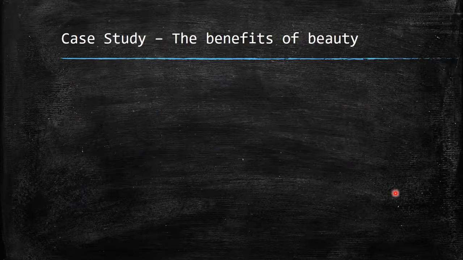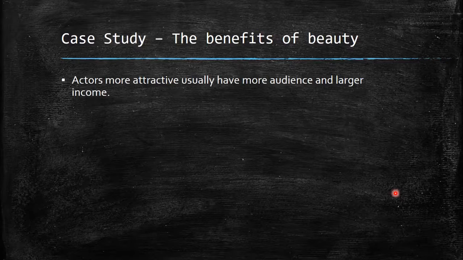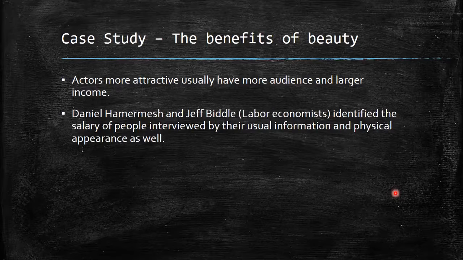Then, another case study. These are different theories that try to explain the differentials. Even beauty can be a factor. For example, a normal profession that comes to our minds is acting, because more attractive actors usually have more audience and larger income. So, for example, there are two labor economists, Daniel and Jeff.